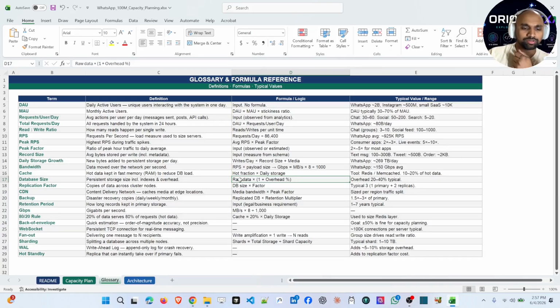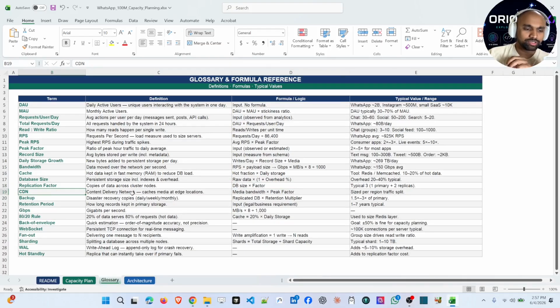Overhead percent of 20 to 30%, 40% is typical. Replication factor usually will be around 3 replicas to give redundancy and fault tolerance for the data. DB size times the factor, usually 3.